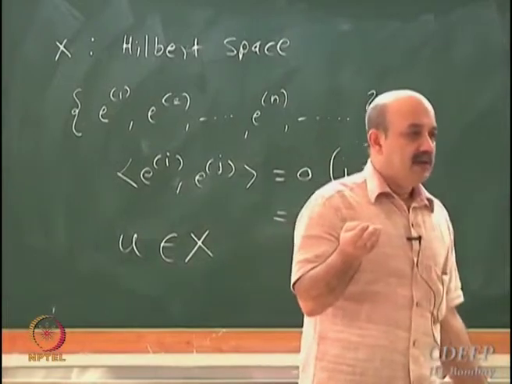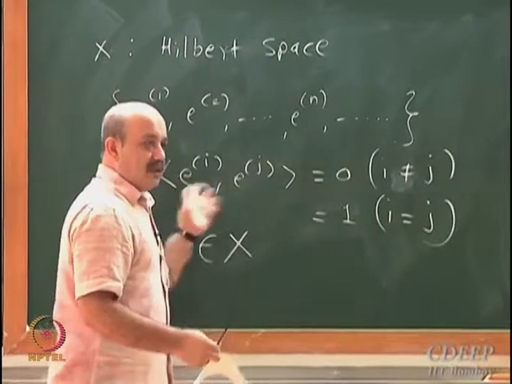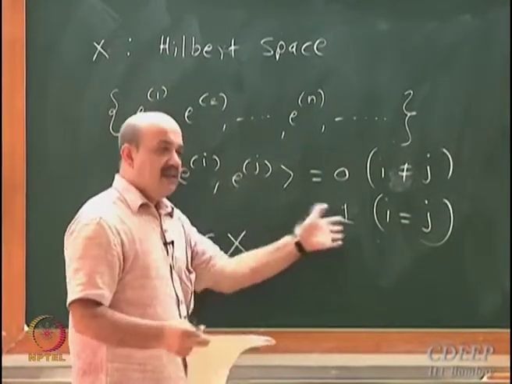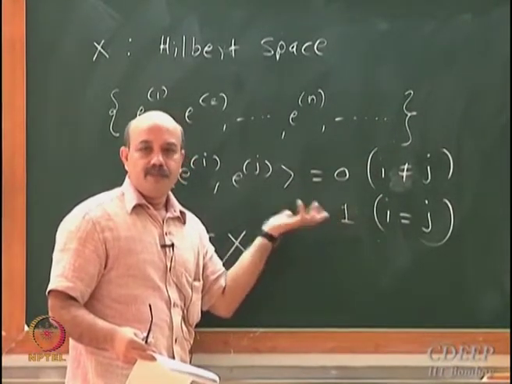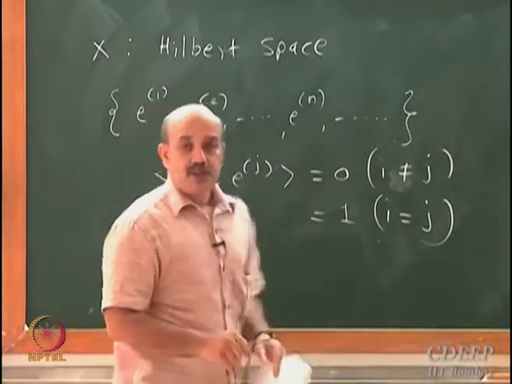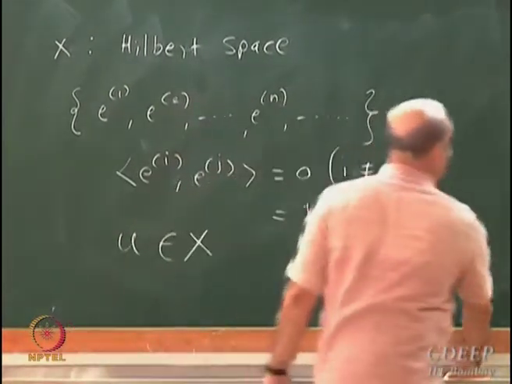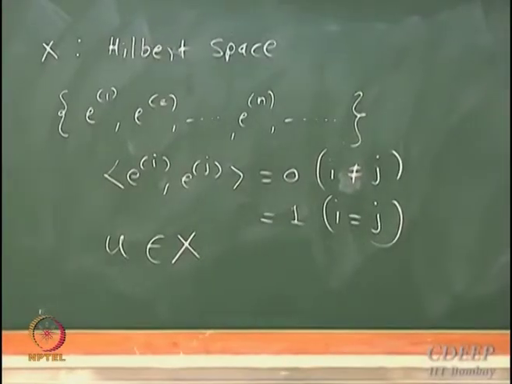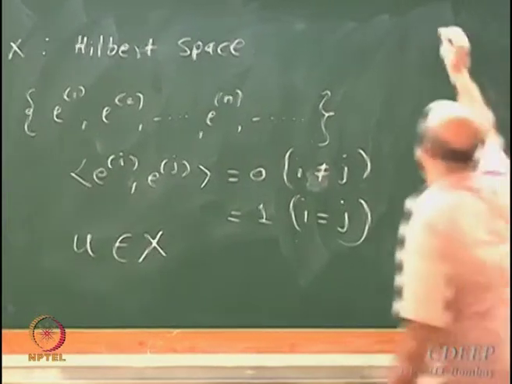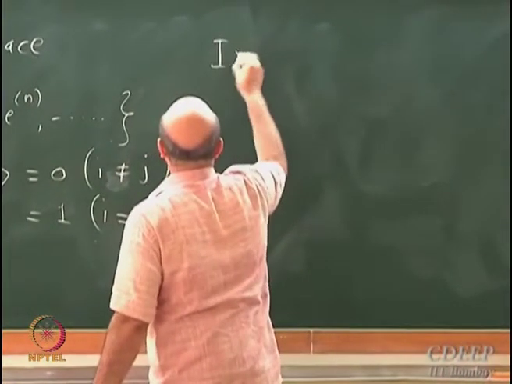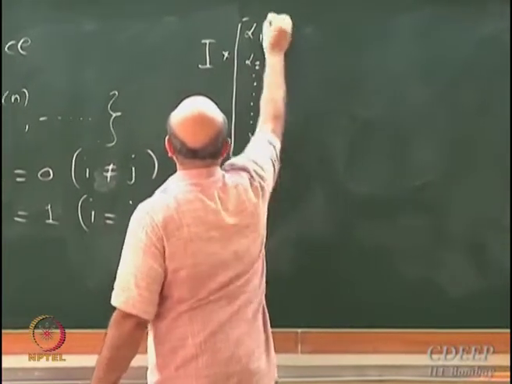The matrix will be I, because of orthonormality. The diagonal elements will be 1, off-diagonal elements will be 0. By virtue of this, you will get the coefficients. You will get I times the vector of coefficients, say alpha 1, alpha 2 and so on.